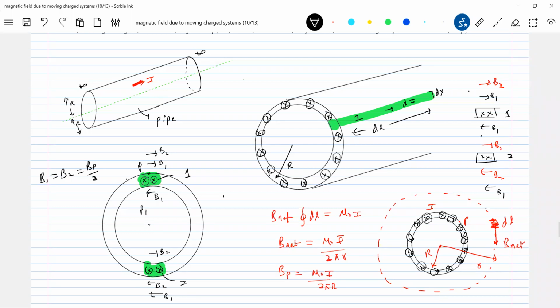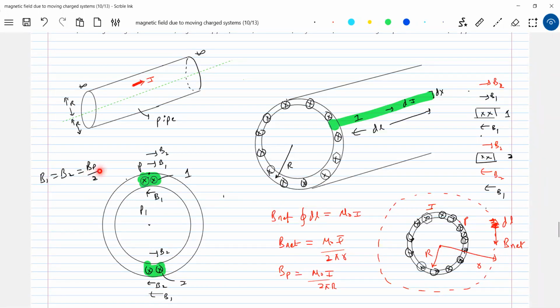The field produced by the second element, due to that, the current flowing in the first element will experience a force, similar to capacitor charged plates. The charge present on the negative plate will experience force due to the field produced by the positive plate. The similar idea is what you have to bring. That force I'll calculate. That force per unit area will become magnetic pressure.